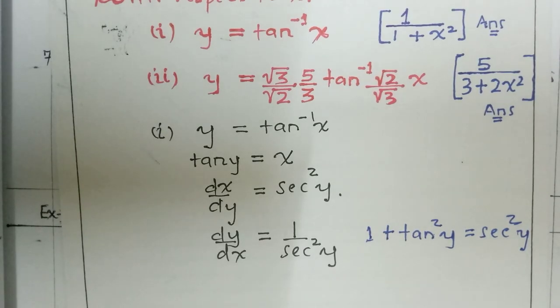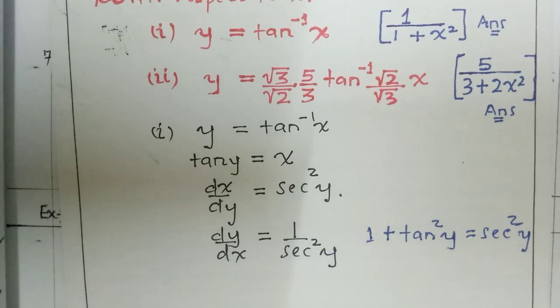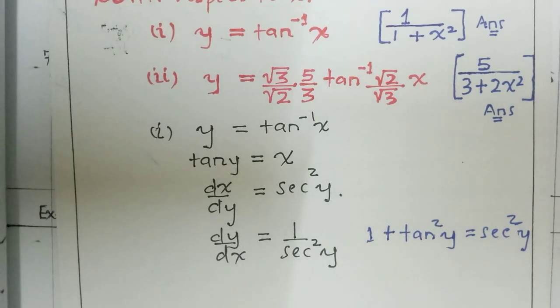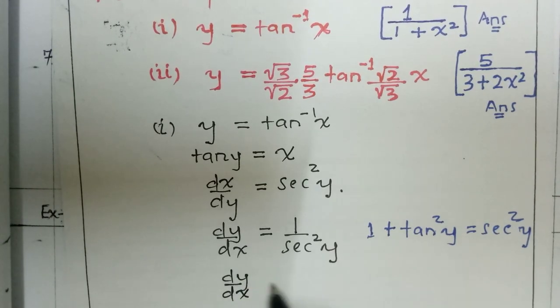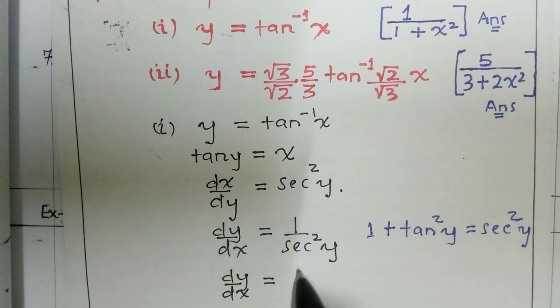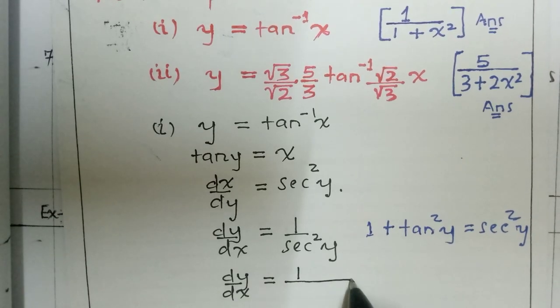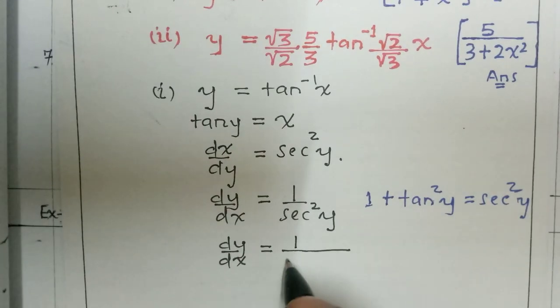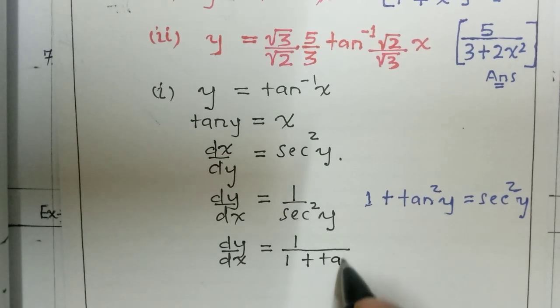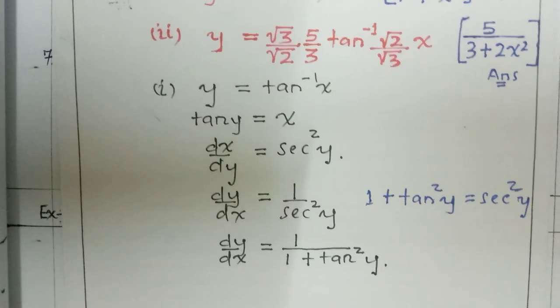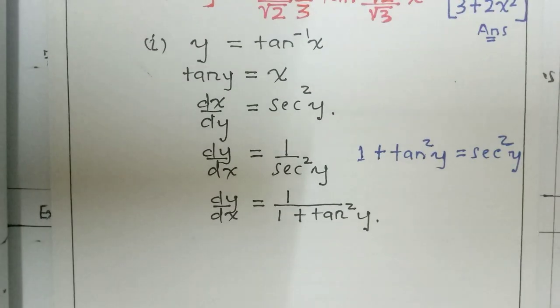So we can now replace our sec squared. So we shall have dy over dx will now be equal to 1 over 1 plus tan squared y.